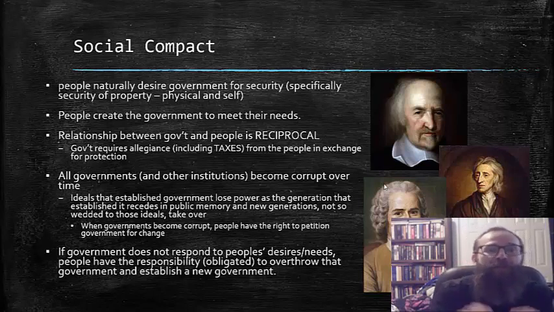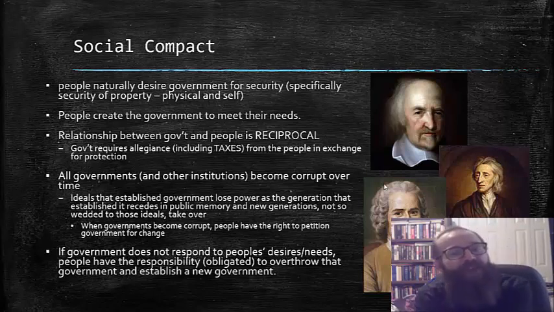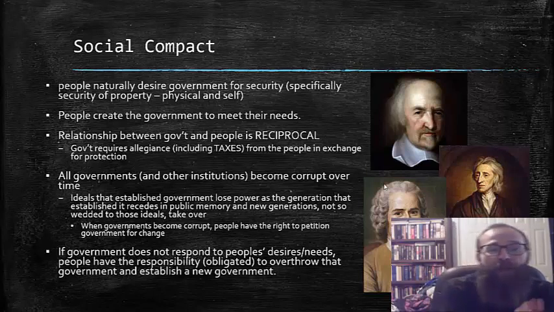When governments become corrupt, people have the right to petition the government for change. This is fundamental to that idea of the social compact. Now, if governments do not respond to people's desires or needs, people have the responsibility, and some even say are obligated, to overthrow that government and establish a new government that will be responsive to those desires or needs.